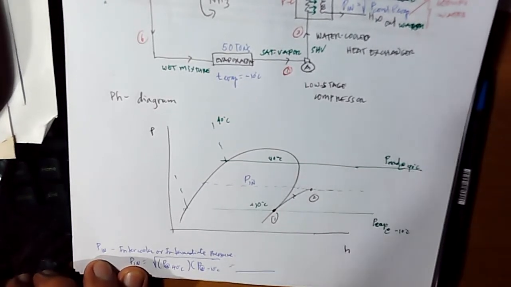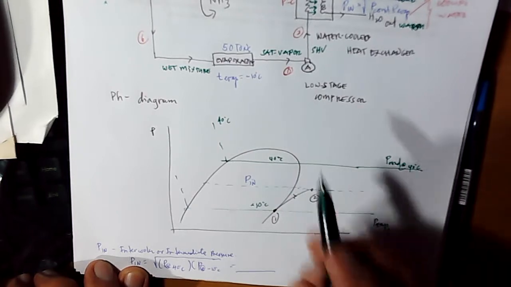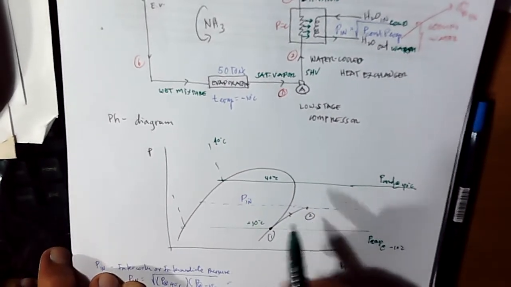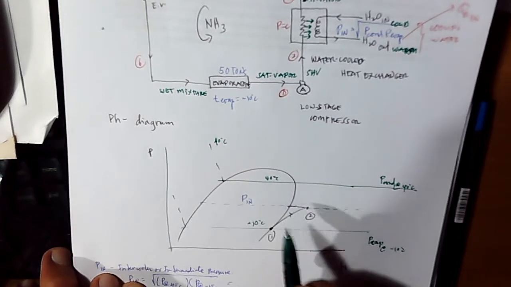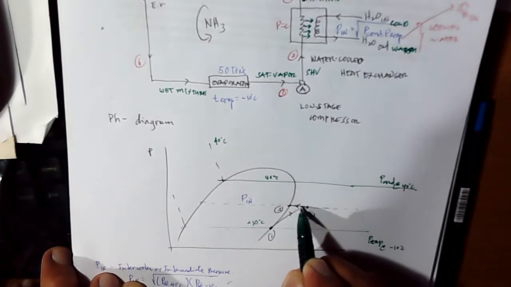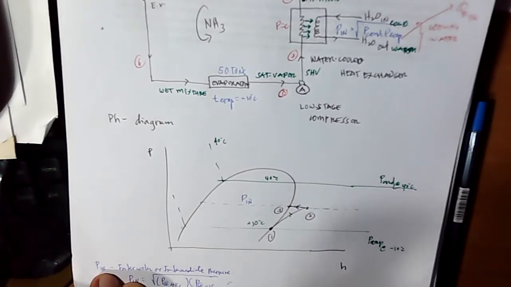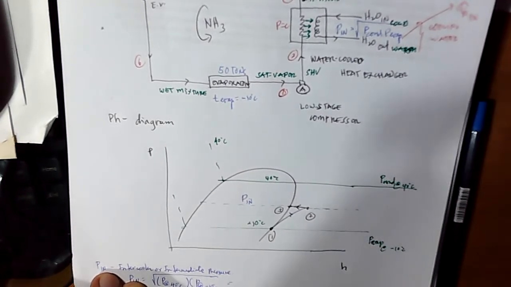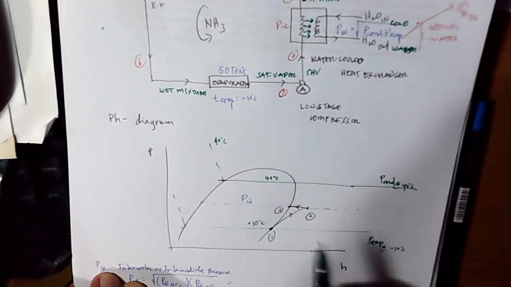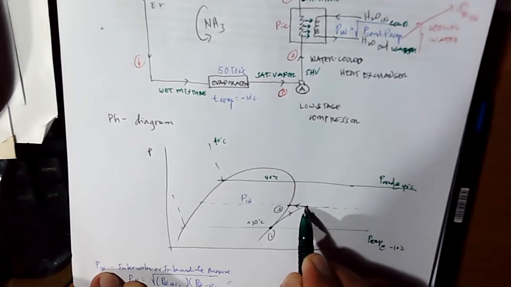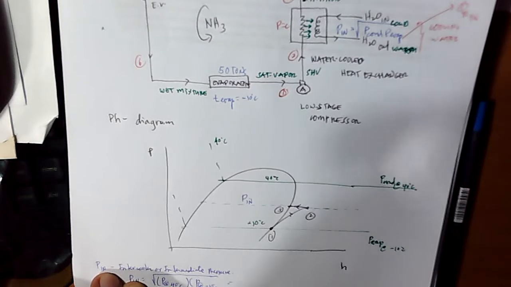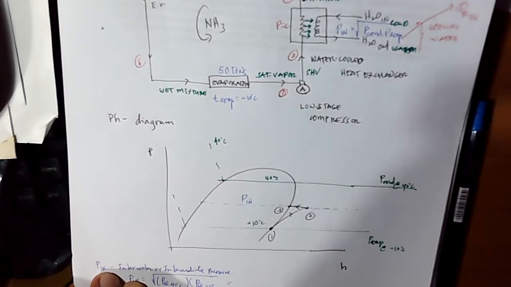The intercooler rejects the heat absorbed by the water, so that at point 3 it is once again converted into saturated vapor. Now again, in your definition, the intercooler changes superheated vapor into saturated vapor before entering the high stage compressor.